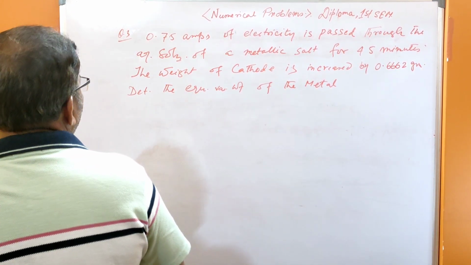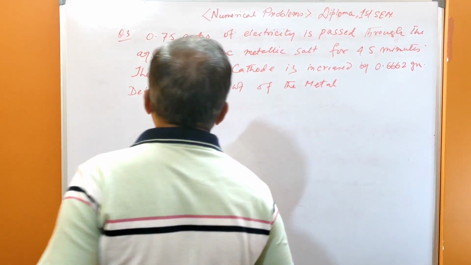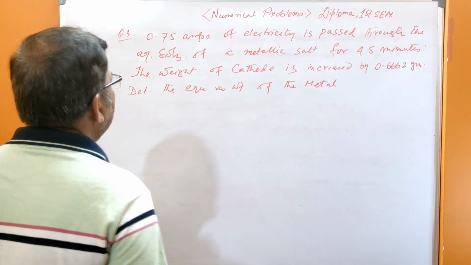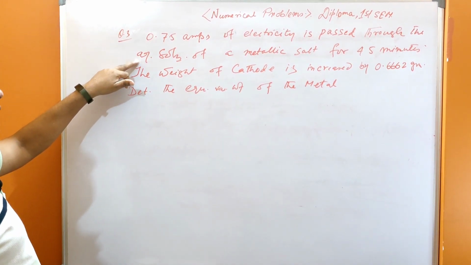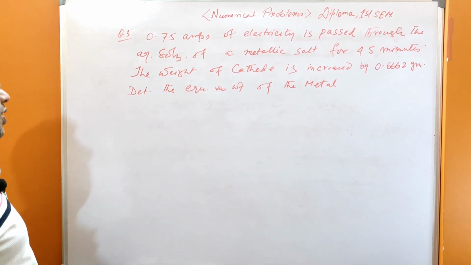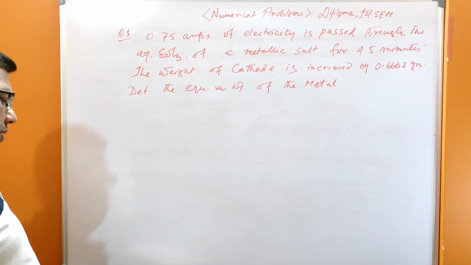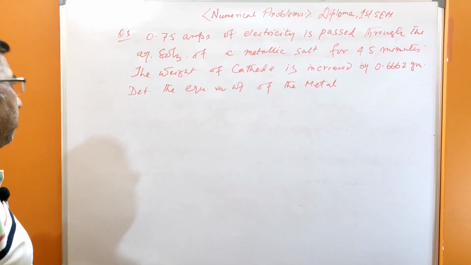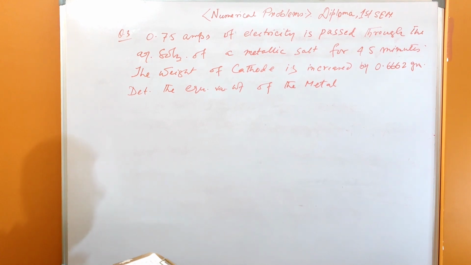Again I am discussing: 0.75 amps of electricity is passed through the aqueous solution of a metallic salt for 45 minutes. The weight of the cathode is increased by 0.662 gram. Determine the equivalent weight of the metal. Very easy sums.